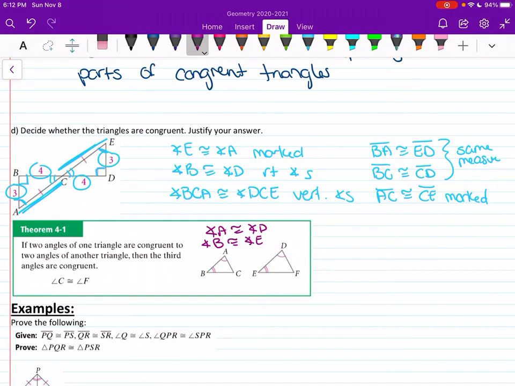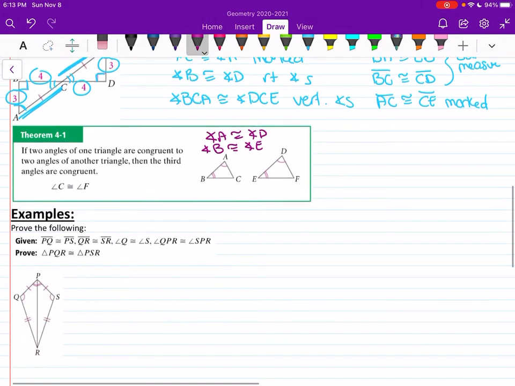So if I know A plus B plus C adds up to 180, and D plus E plus F adds up to 180, and A and D are the same, and E and B are the same, then by process of elimination, C and F would also have to be the same. And you can prove that with addition, subtraction, if you wanted to.